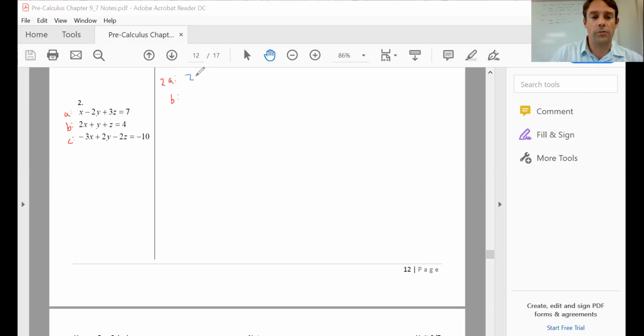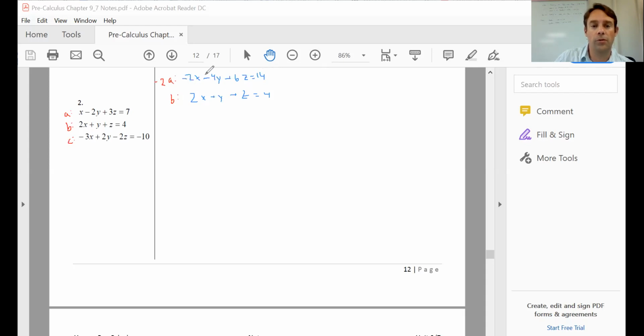So 2x minus 4y plus 6z equals 14. And if I combine it with the B, 2x plus y, now here's what I want you guys to look at here. Did that work? It didn't work, did it? So instead, I probably should have multiplied it by a -2, right?